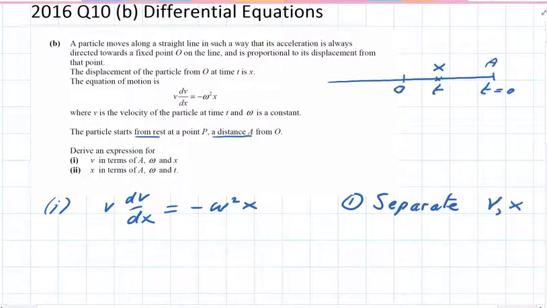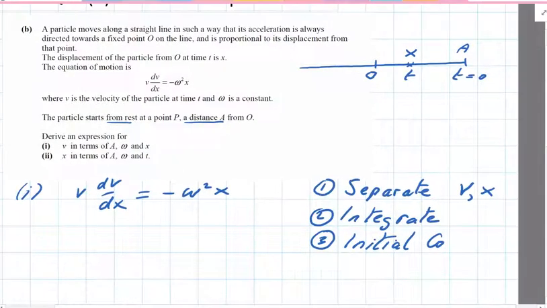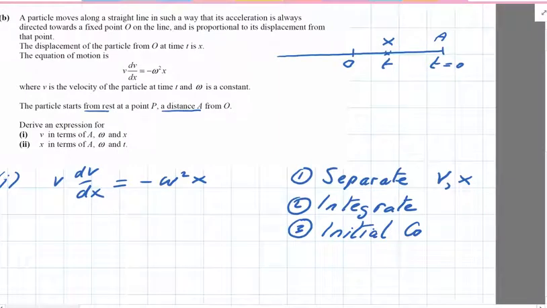Number two is integrate. And number three is find initial conditions, which enable us to get rid of the constant of integration c.